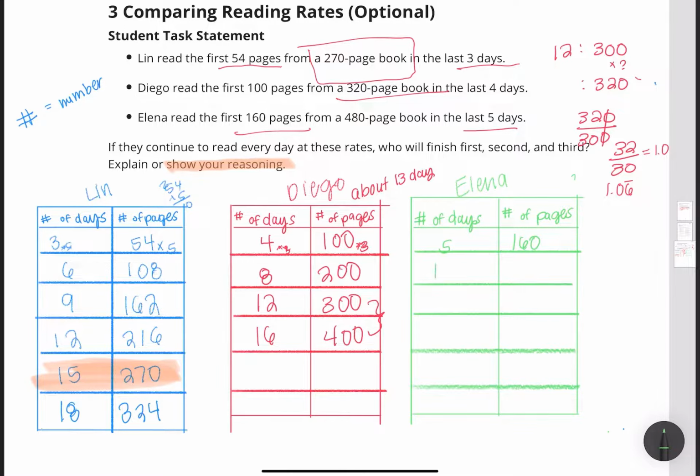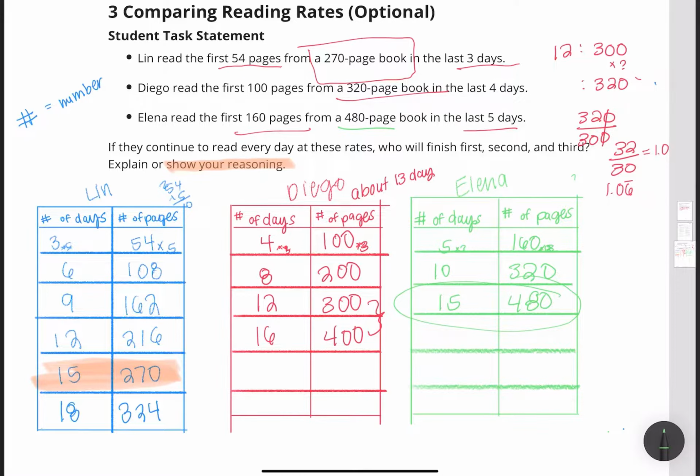Then if I multiply by 2, it's going to be 10 to 320. Then if I multiply 3 times 5, which would be 15, and 3 times 160, it would give me 480, which is how many pages she had. So it took her 15 days.